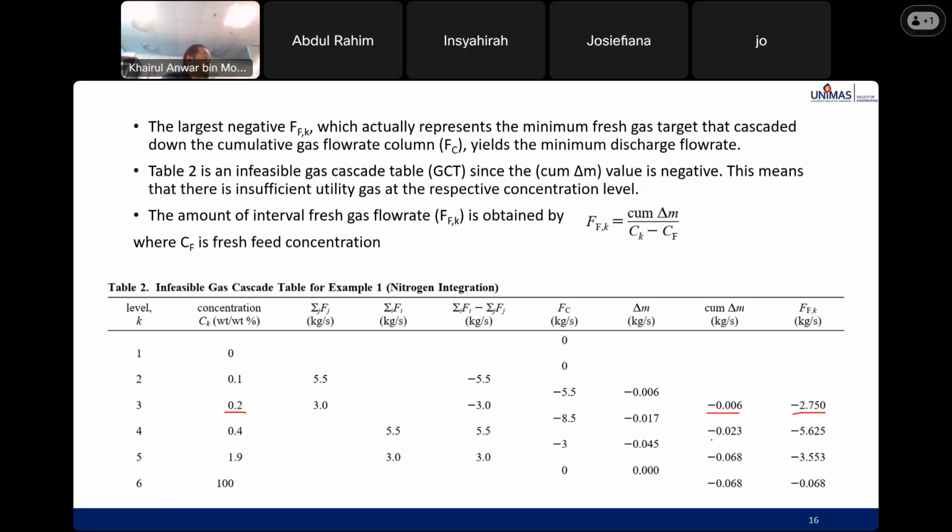And similarly, you need to calculate this value. So later, when you get the FFK, you see here, this is the highest value. This value will be used to replace the 0.